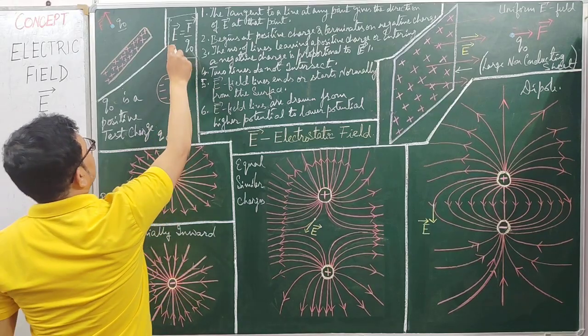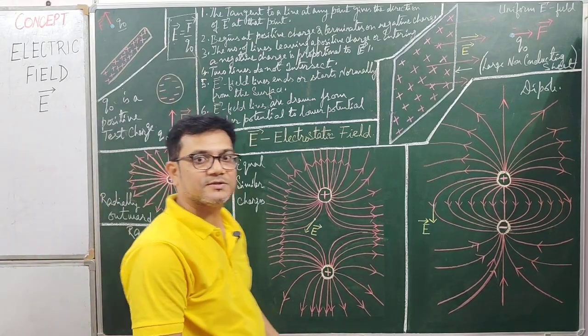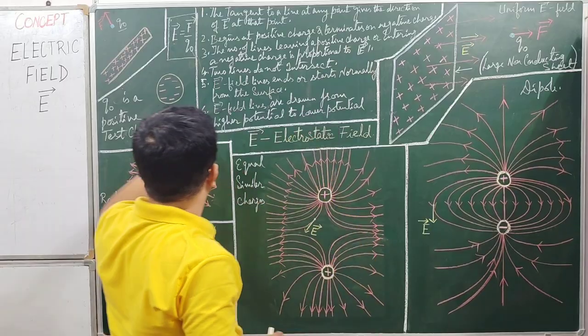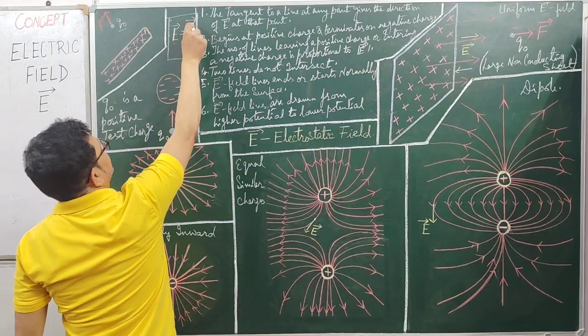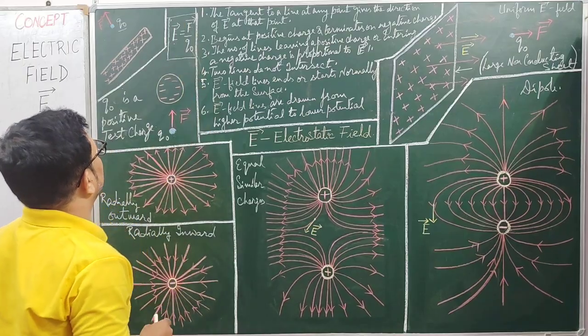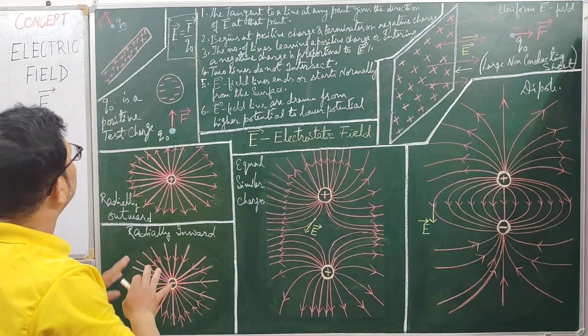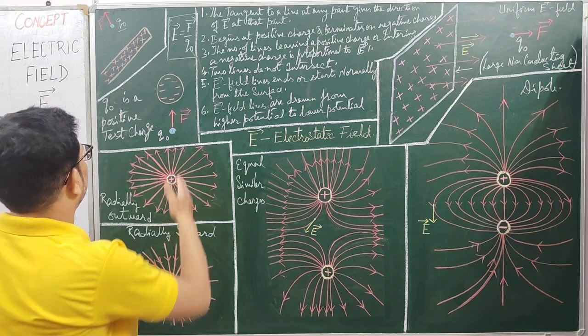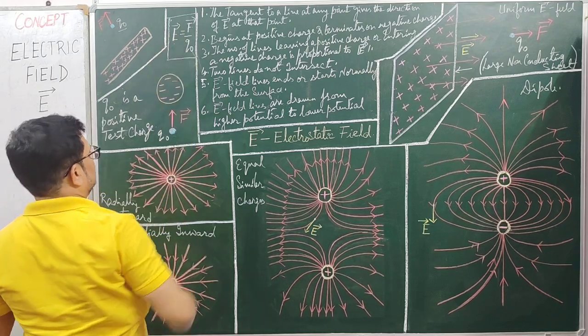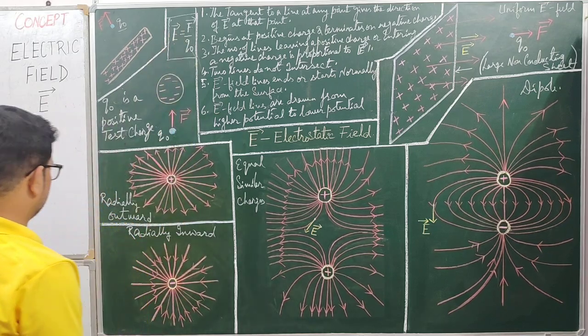This field is a vector quantity. The direction of this electrostatic field is the same as the electrostatic force, and this is the relation that we have between the field and the force that we are discussing today.